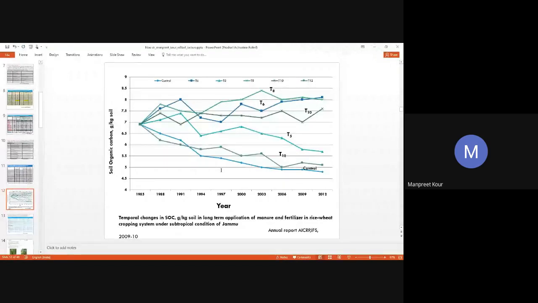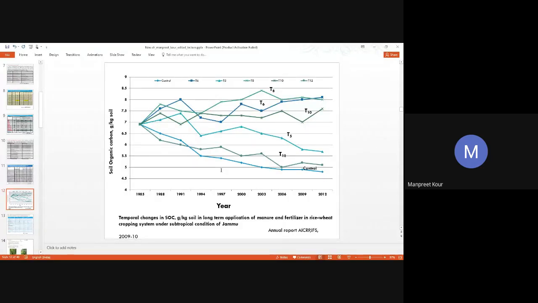So if we go for integrated nutrient management, the results are slow, because the release from urea and NPK in inorganic form is very quick. They quickly release nutrients, so in the first, second year, the results are good in the treatments where we have used purely inorganic fertilizers. But slowly and slowly, when we move far away, those treatments are excelling where we use organic inputs. So this is the finding.